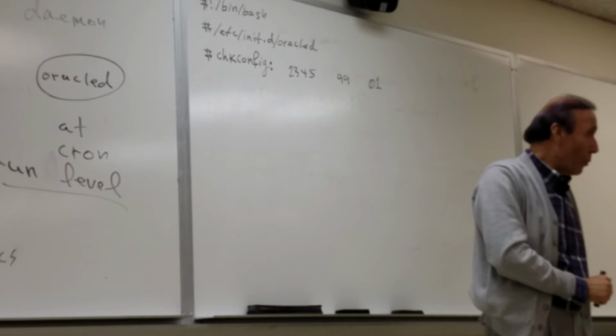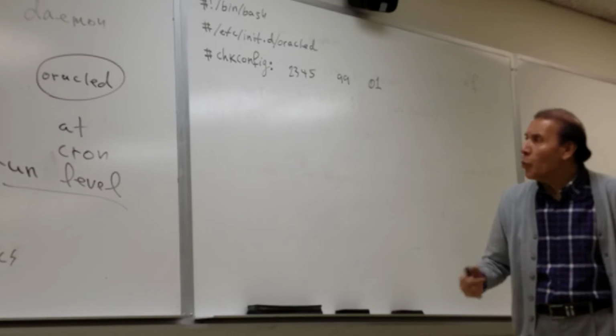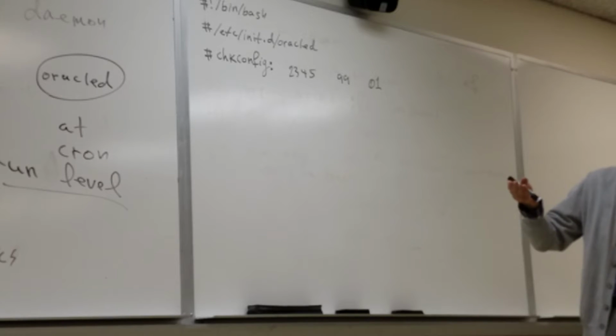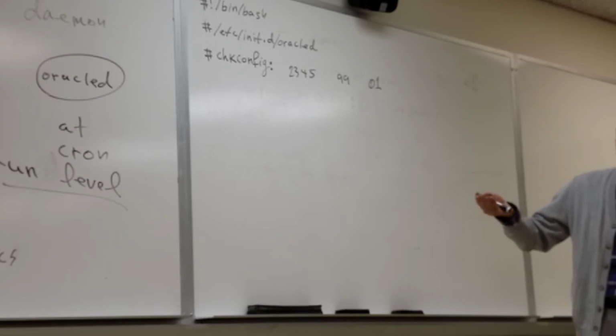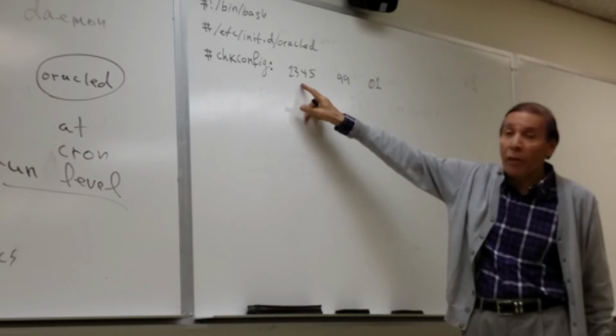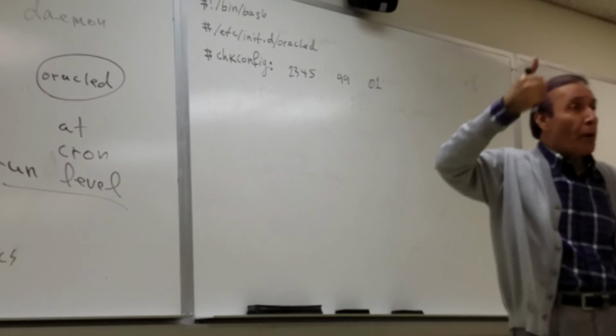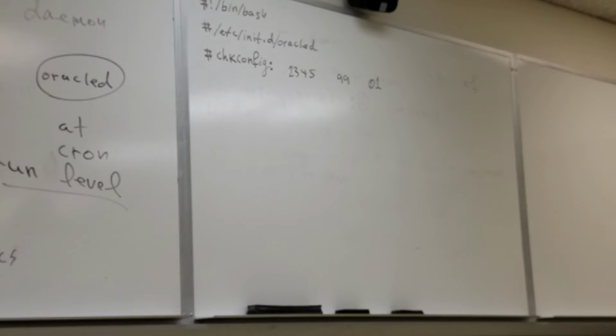Following? Some people like only to start it on run level 3 and 5, nothing else. So you could put 35. If you put 35 here, it means it's going to come up on 3, and it's going to come up on 5, but it's going to go down on the others. Following? So it's up to you.